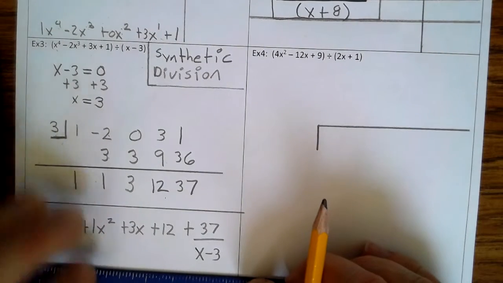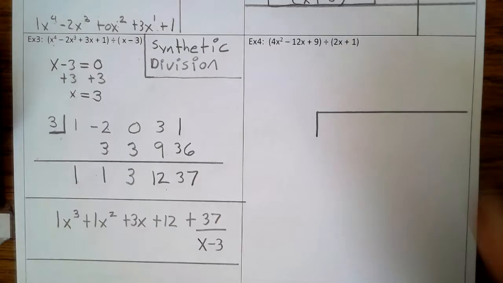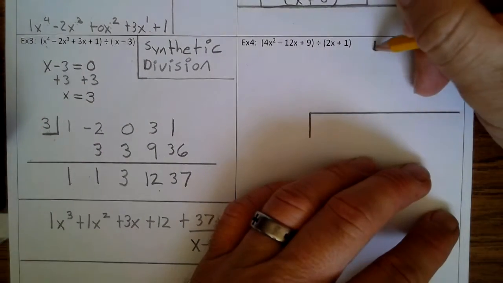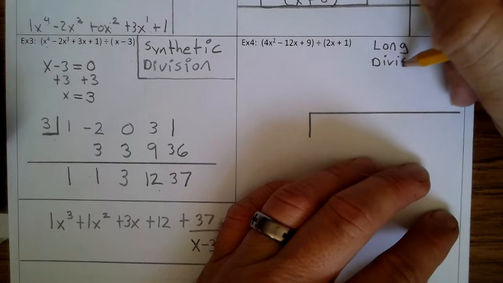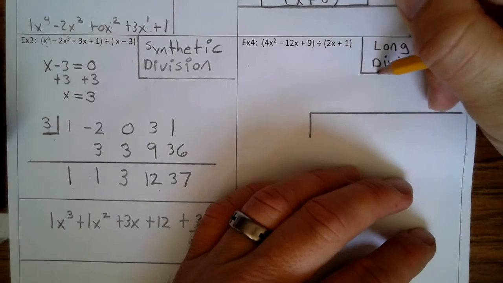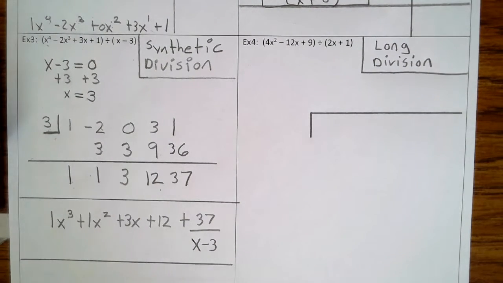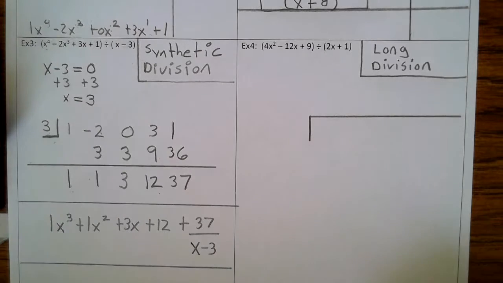Okay. All right, example 4. Now we're going to do long division. And actually, I'm going to make a change here. I think it'd be a good idea if we did this one with long division.